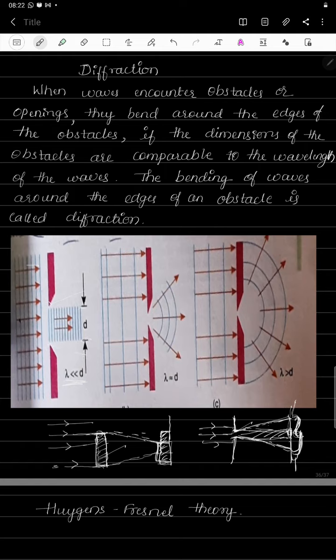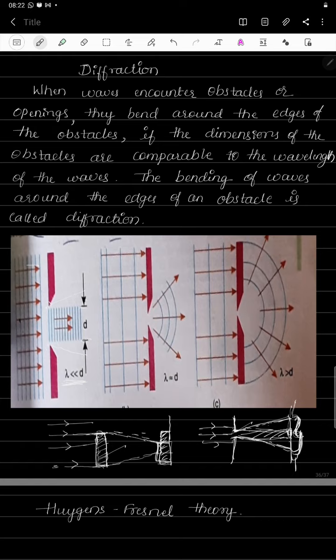But if lambda is far less than d, then it is not going to enter the geometrical shadow region. The lighted portion on the screen will be the same as the size of the opening. So this is the first thing.